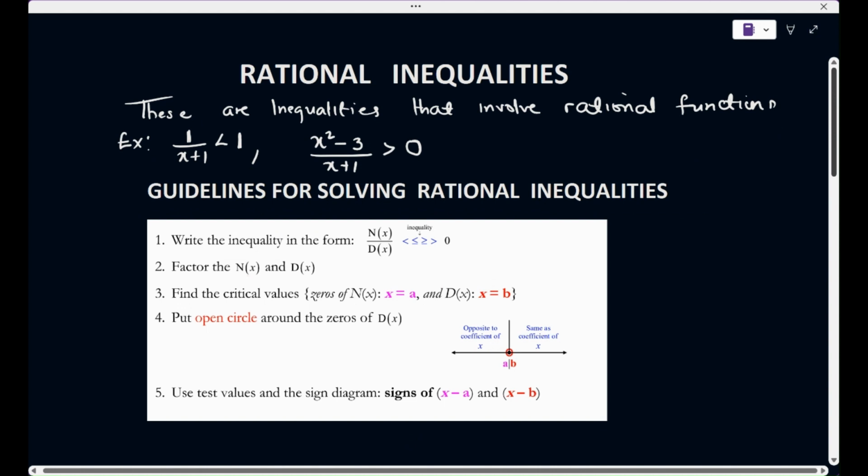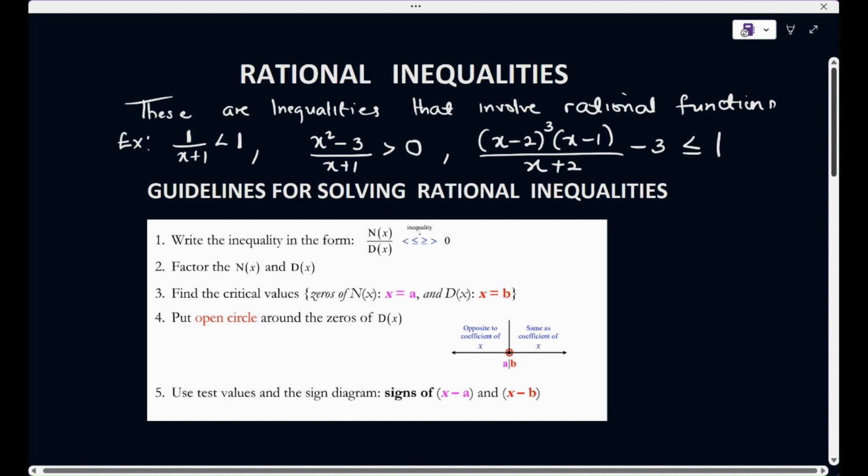This is also another rational inequality. And we can have something like this, minus 3 less than or equal to, let's say, 1. All these are examples of rational inequalities.